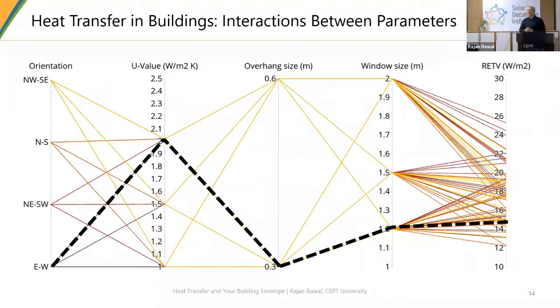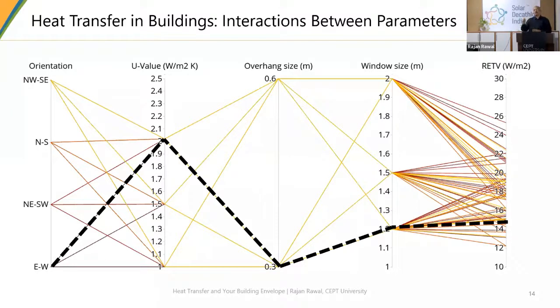Then you are looking at window sizes. And then finally, what you are looking at is the RETV value. Although RETV is not part of the ECBC commercial, if you are looking at residential buildings, the residential envelope transmittance value may become important to look at.